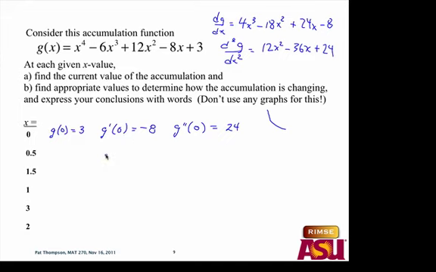The first derivative? Yeah. You said was 0. Therefore, what can you conclude? It might be reaching a maximum or a minimum, but what can you say for sure? It's changing values from negative to positive to negative.